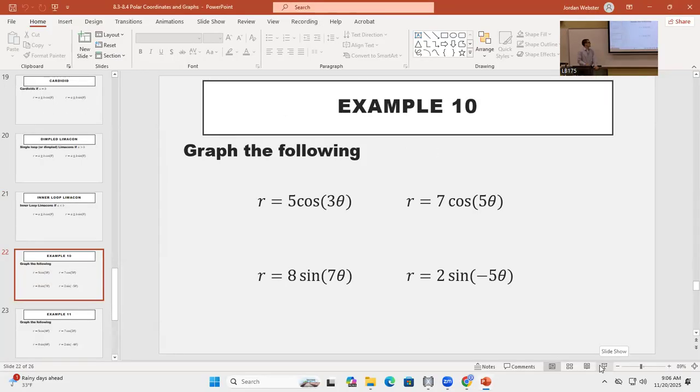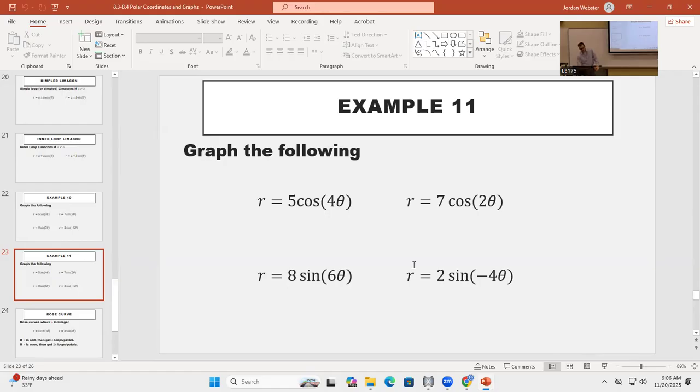Now, what we're going to look at now, I should say, these types of graphs where we have an argument inside of cosine, which is something like 3 theta or 5 theta or 7 theta or -5 theta, something like that. And then we'll do the same thing with even values inside of that argument.